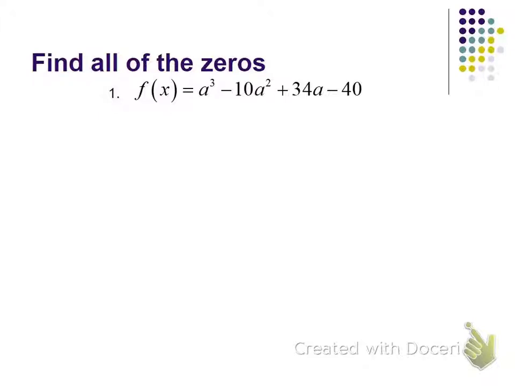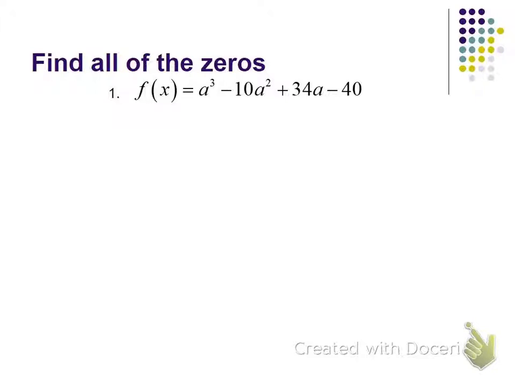It may not look like what mine looks like. It's a little bit different version of your calculator, so it might look a little bit different on your screen. But we're going to type that in. Then minus 10x squared, then plus 34x minus 40.